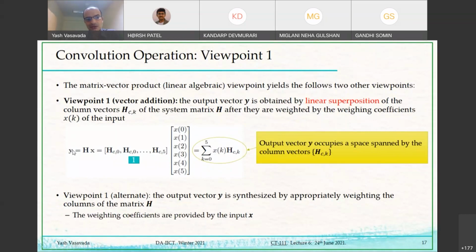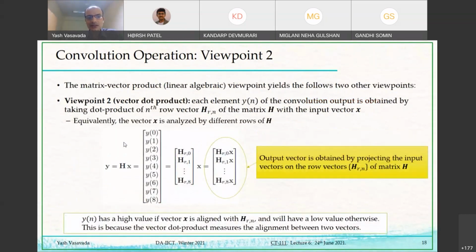In this Y, we are not going to look at it as a vector, but we'll calculate each individual element of Y. So we are now looking at element by element view of Y, the output. And that is nothing but the dot product of a particular row with the input vector X.